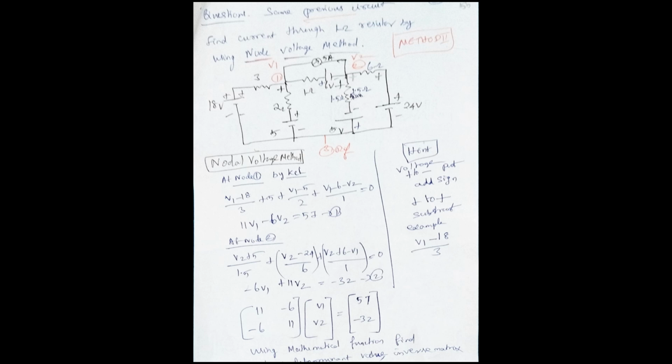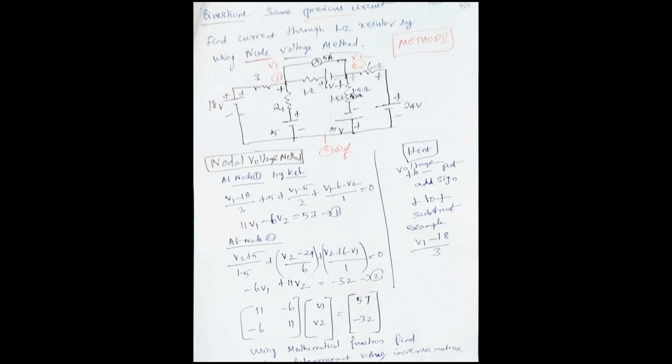The 5 ampere source is directed away from node 1, so put plus 5. Then the 5 volt source is connected with plus on the second terminal, so put minus 5: V1 minus 5.